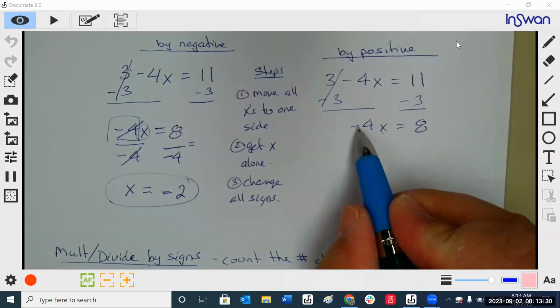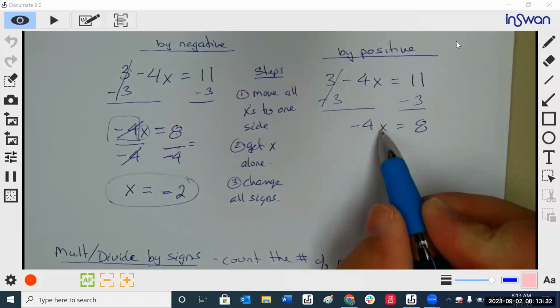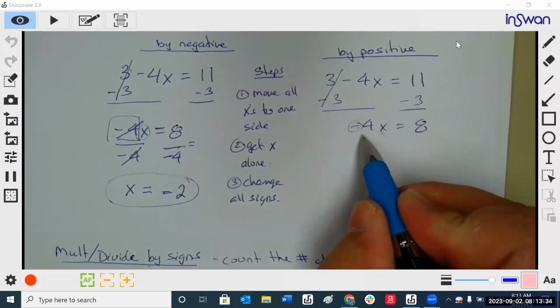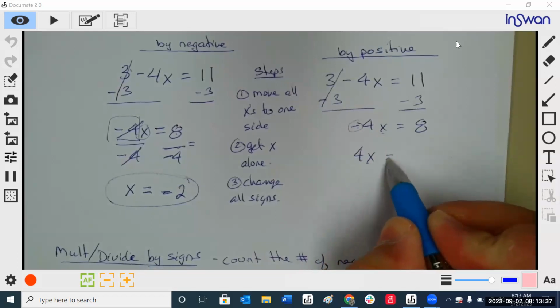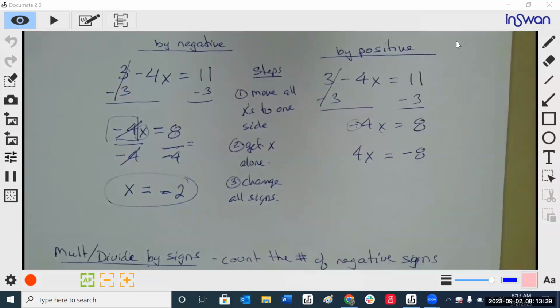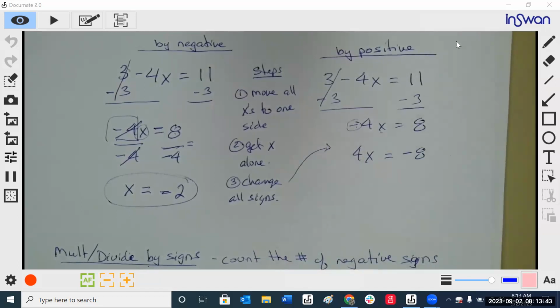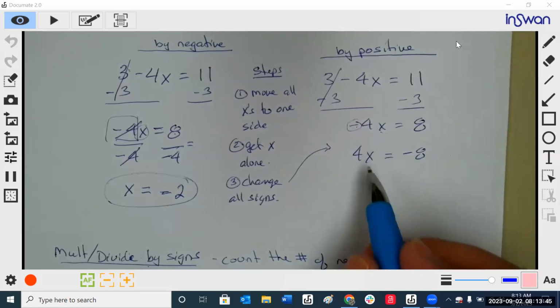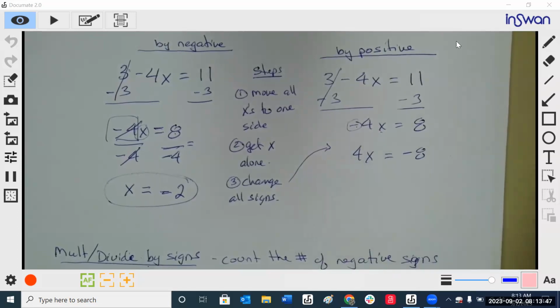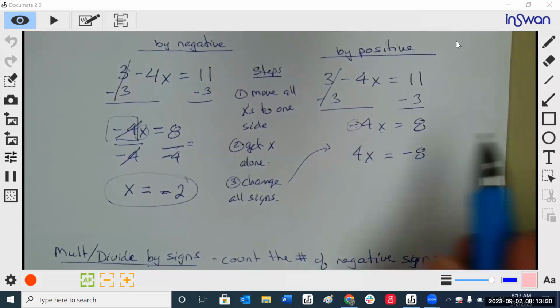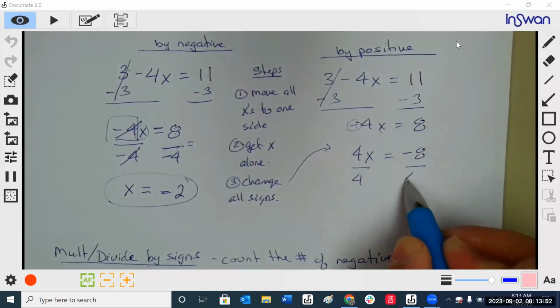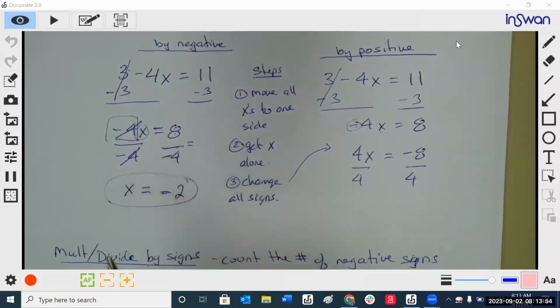Since this side's negative, and that's where the x is, let's change the signs. So that becomes a positive 4. This one becomes a negative 8. Change all the signs. Because now, what do you have to divide by now? Only 4. You don't have to worry about, did I put a negative down there or not?